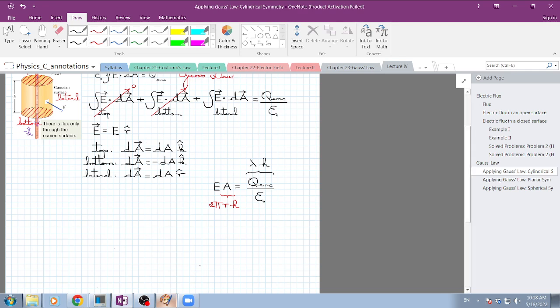If you substitute everything here, you can find that the electrical field is lambda over 2 pi epsilon naught r. This is way easier than the way it is classically solved. As you can see, in 3 lines I could solve this very easily using Gauss law.